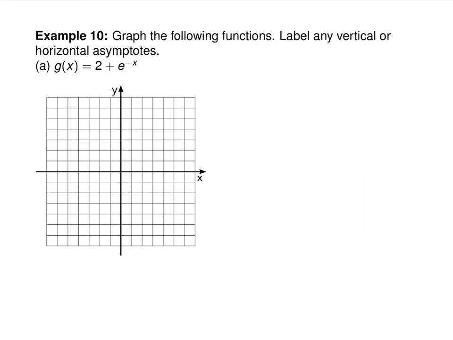Okay, let's do this one. So 2 plus e to the -x. What does this negative inside the e, what kind of reflection does that do? Flip over, it's not the x, it's flip over the y-axis. So here is regular e to the x, looks like this.